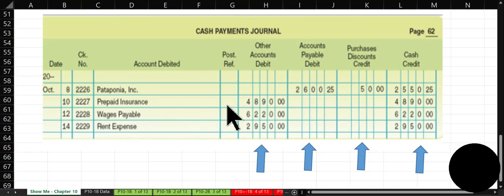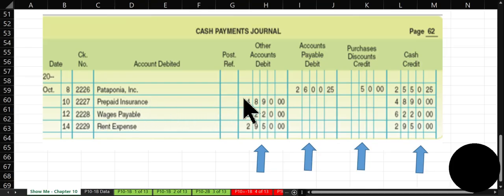If we are making a payment to a supplier, then of course we would make the entry in the accounts payable column, but you can see they have other accounts, and this would tell us what the other account would be. So for example, here it's a prepaid expense.